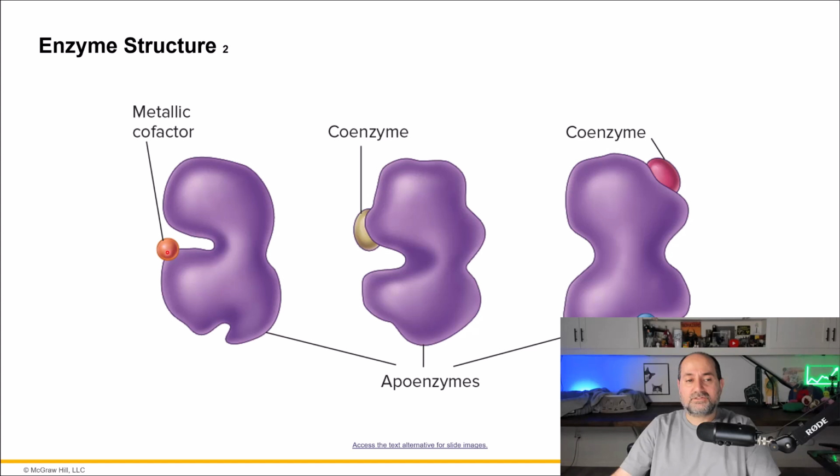And the minerals are the same way. The minerals can attach to apoenzyme and then allow the holoenzyme to function correctly. So if your diet lacks particular vitamins like this or minerals like this, well, then that enzyme's not doing its job correctly in your cell, and that could have an adverse effect on your health.